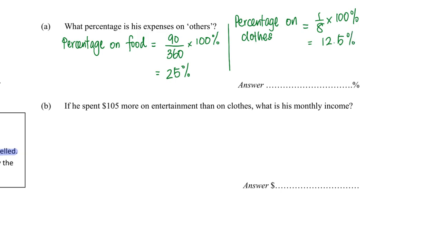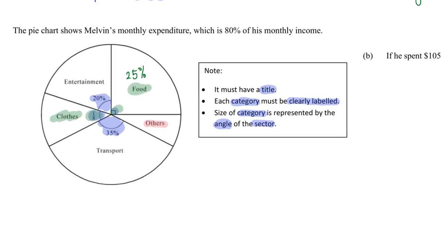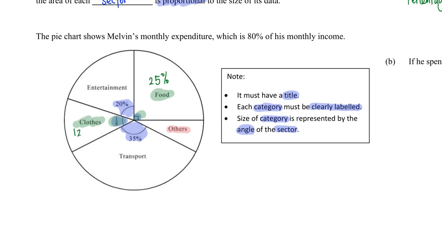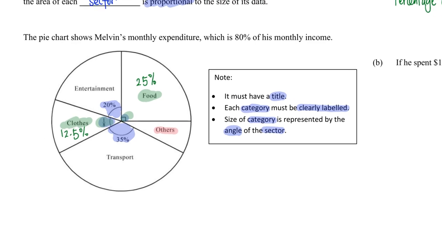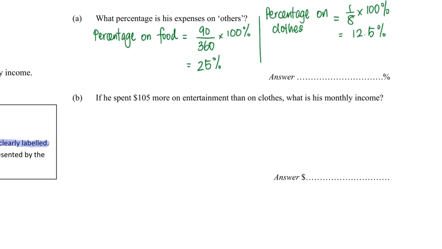And once we know all the percentages, so this is 12.5%, then we can find others already, because totaled up we should have 100%.